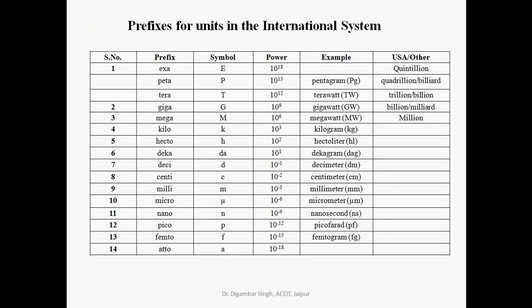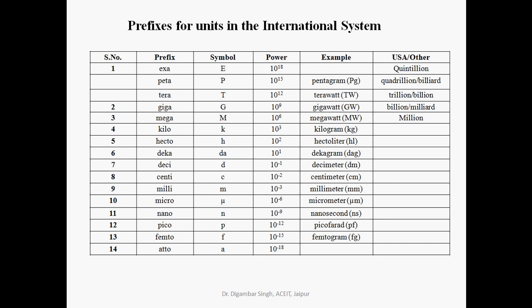And similarly prefixes of the unit, like exa, E, 10 to the power 18, known as quintillion. Peta is P, 10 to the power 15, quadrillion, and tera is T, 10 to the power 12, terawatt, and giga is denoted by G, 10 to the power 9, and mega is denoted by M, 10 to the power 6, megawatt, hecto H, 10 to the power 2.